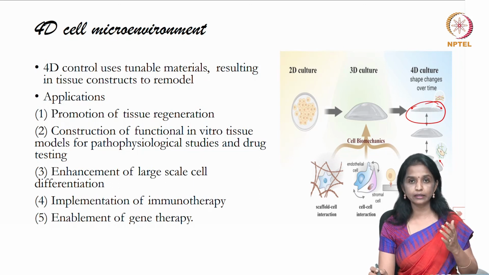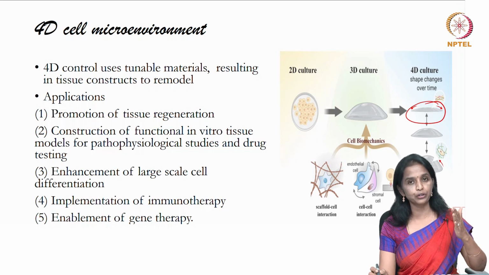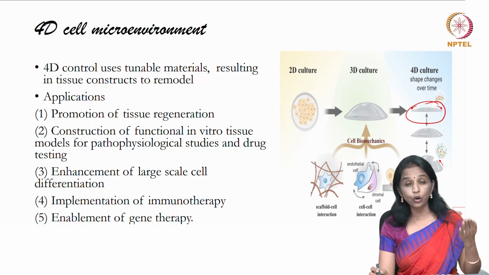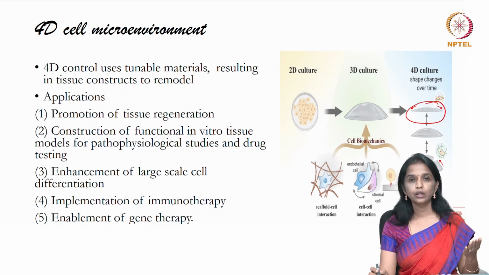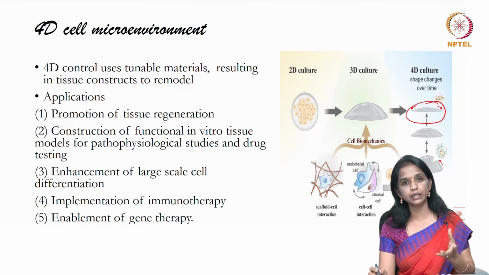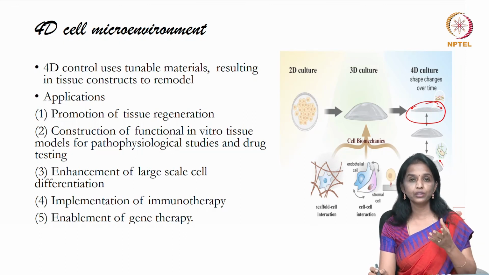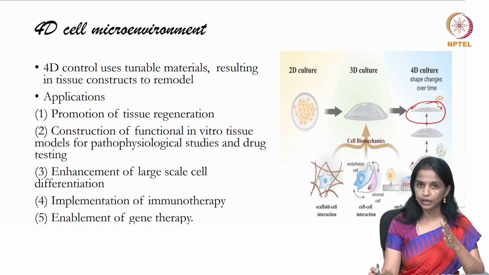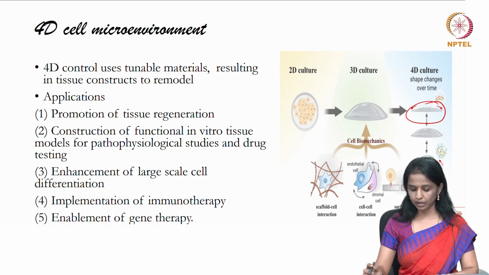More tunable in the sense that the more it can be tuned, the closer it can be to the natural tissue, and the outcomes of that particular organ, whatever is desired, can be easily brought in. So physically tunable characteristics is the statement which makes 3D and 4D culture different.